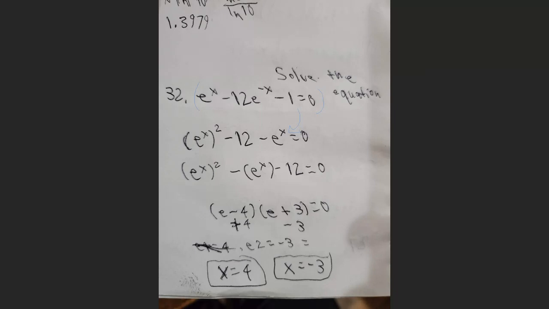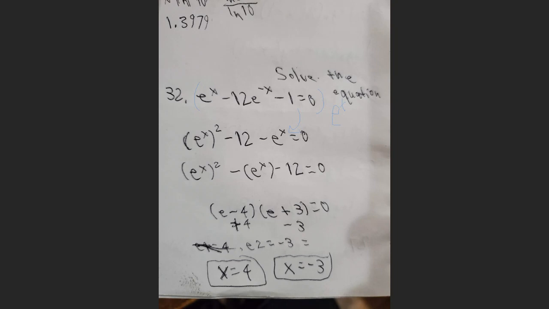What did you do to make that happen? In the first line you have negative 12 e to the negative x, and in the second you have negative 12. In the first line you have a negative 1, and in the second you have negative e to the x. So basically you multiply everybody by e to the x. Yes, that's exactly what I did. When you have an equation, you can multiply by any number on both sides simultaneously. 0 times e to the x is still 0.